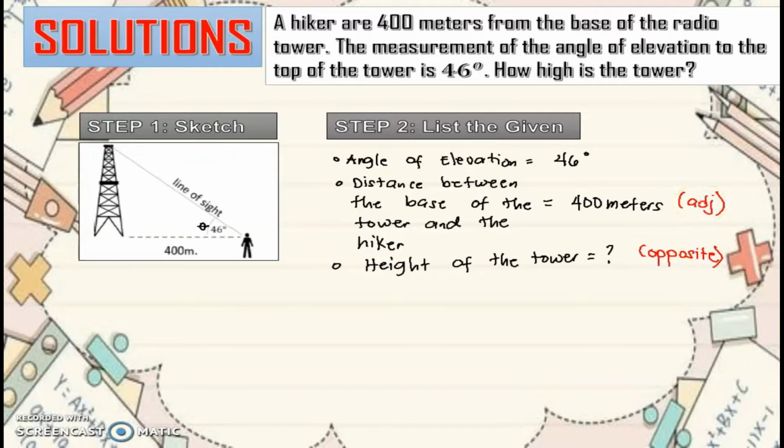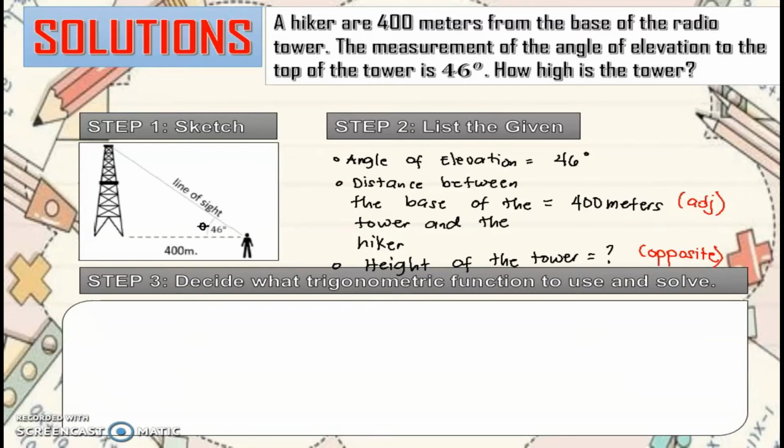So with that, you're just going to analyze and decide which trigonometric ratio or function you are going to use in solving the height of the tower. Given the adjacent side and the opposite side, what ratio are we going to use?